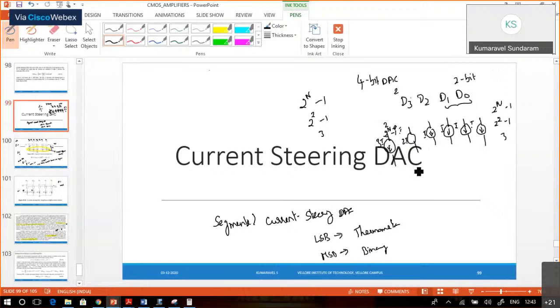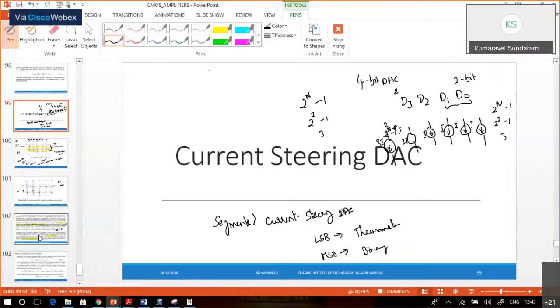We will be using these current sources so that the glitch can be overcome. This is a high-level research topic, but just have an idea that in current steering, the segmented configuration will help in removing the glitches.